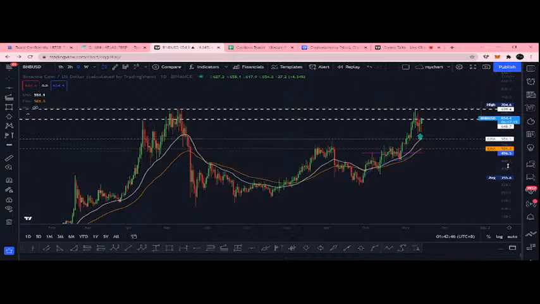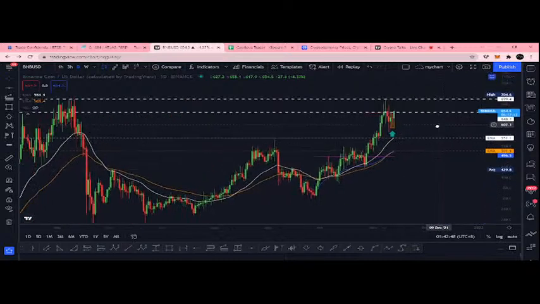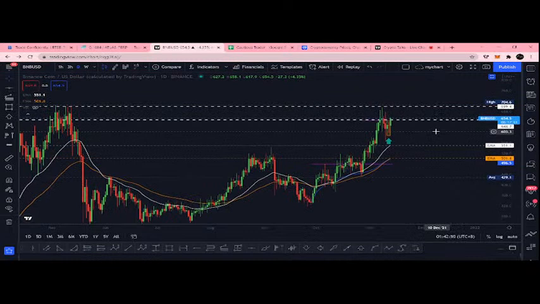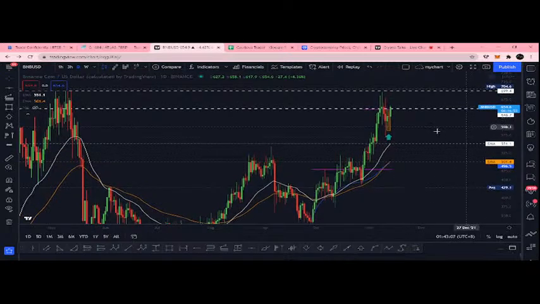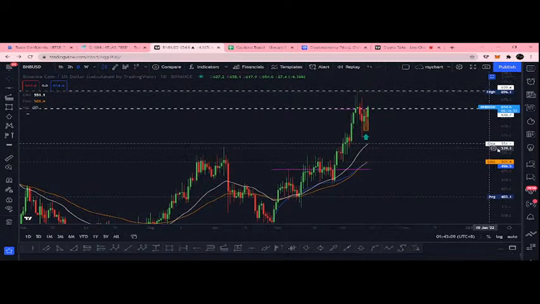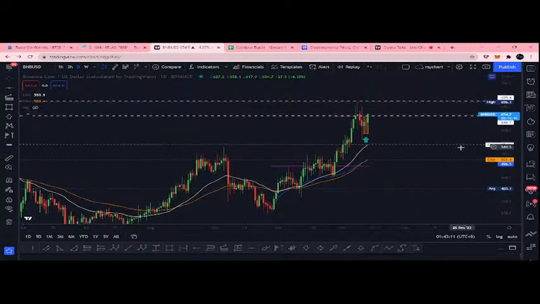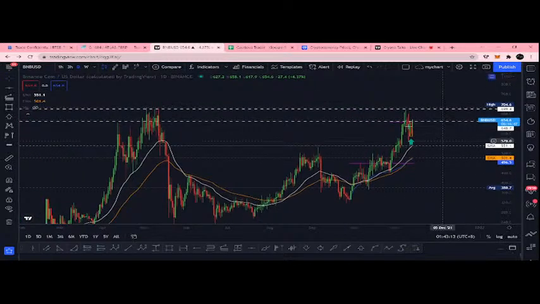So my reference will be this one, the point of control, which should not, as much as possible, go below that area for it to continue to move higher, which is very close at $650.